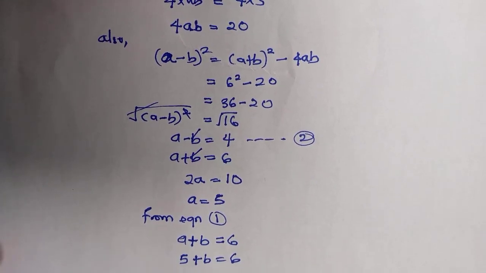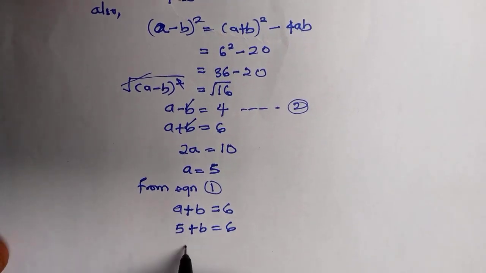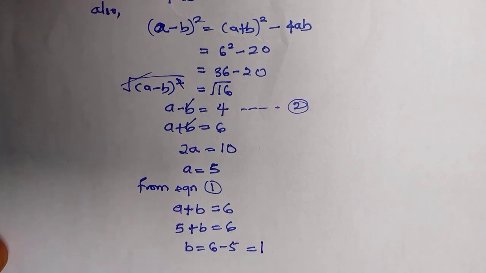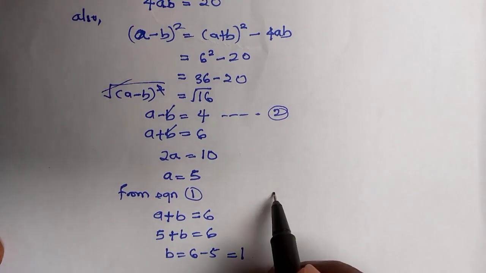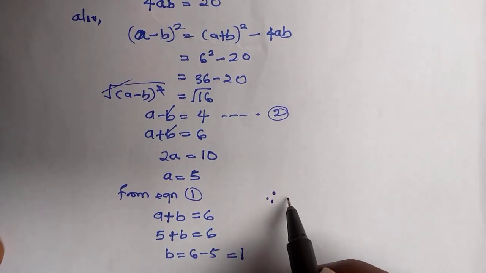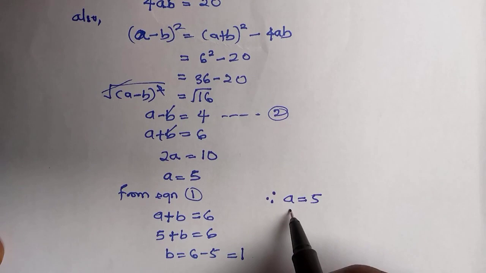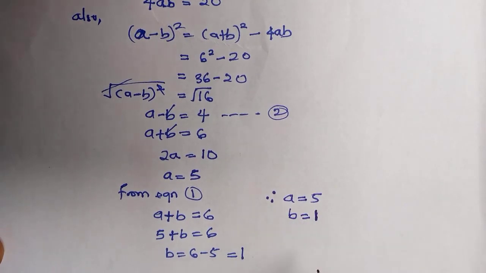By solving for b, we have b equals 6 minus 5, which is 1. So we have gotten the value of a and the value of b. Therefore a equals 5 and b equals 1.